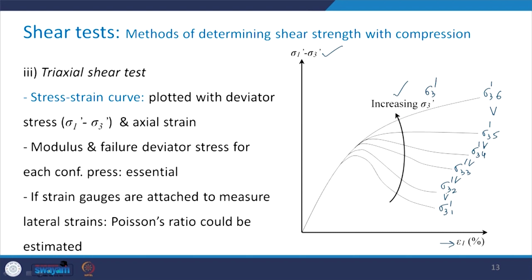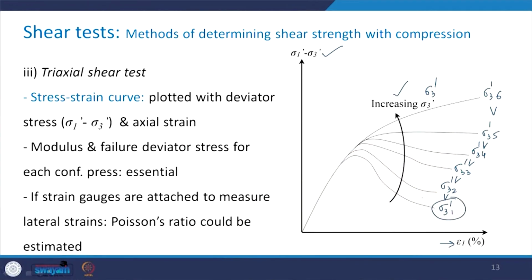So, what do we mean? That when we have a smaller value of this confining pressure, you see that at low values of the strain it just goes straight and then it achieves a peak, and there is a sudden drop here in the strength characteristic, that is sigma 1 minus sigma 3.